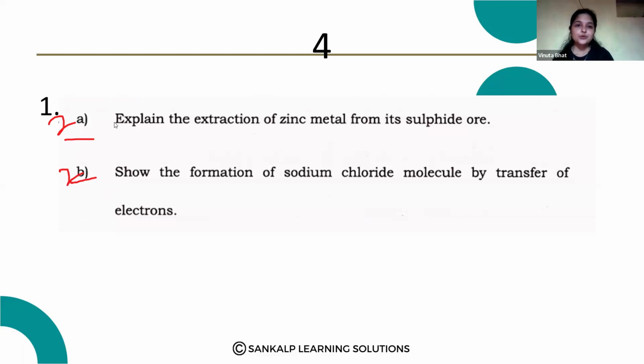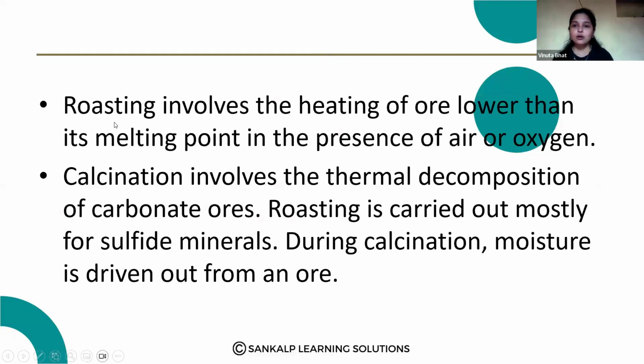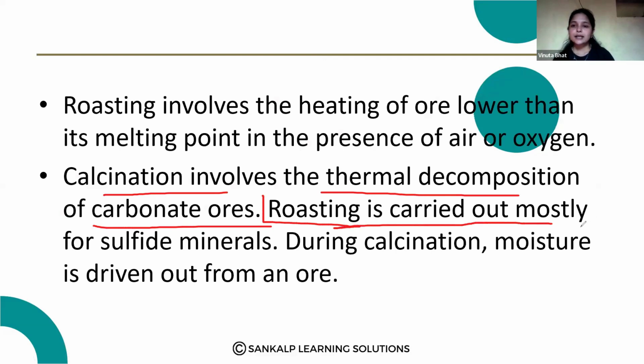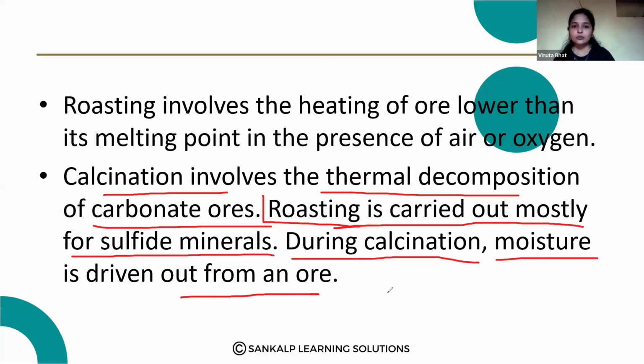Roasting involves heating the ore below its melting point in the presence of air or oxygen. Calcination involves the thermal decomposition of carbonate ores. Roasting is carried out mostly for sulfide minerals. During calcination, moisture is driven out from an ore.